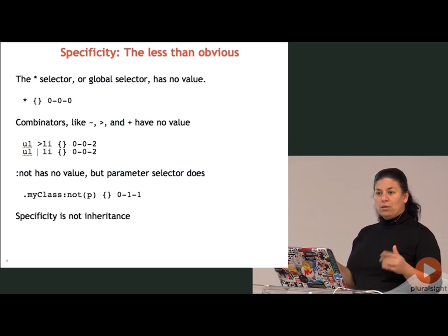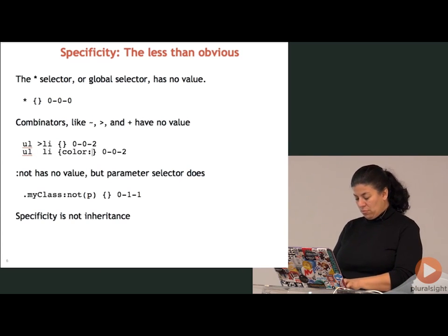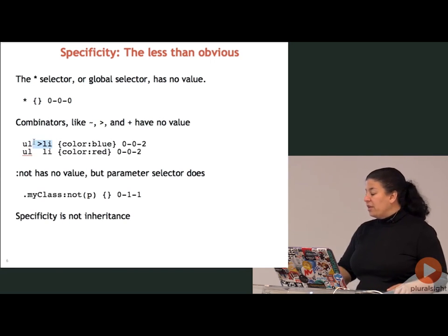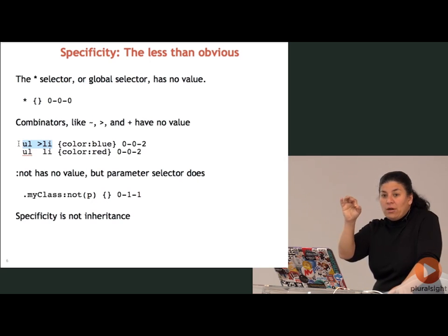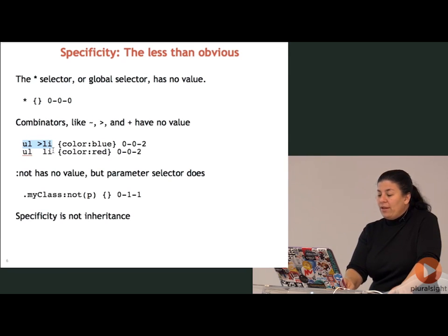If they both had color, this one would win out. This looks like it's more specific, and it is. It's targeting a more specific element, but in terms of the specificity, it has the exact same weight, and therefore your LIs will all be red, and they will not be blue. None of them will be blue.